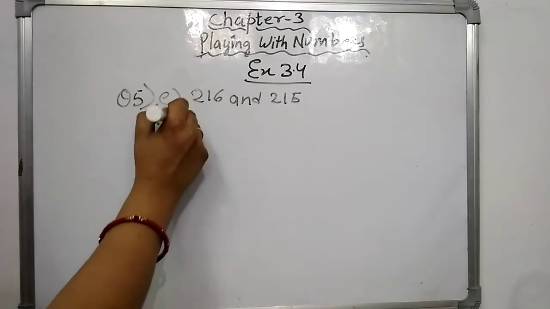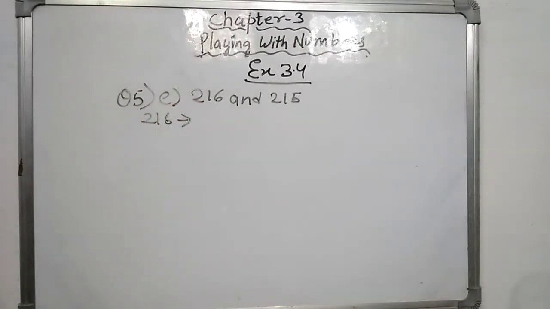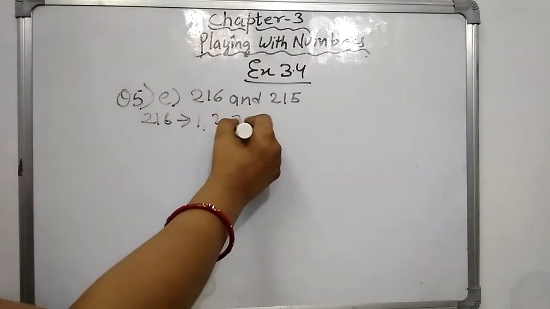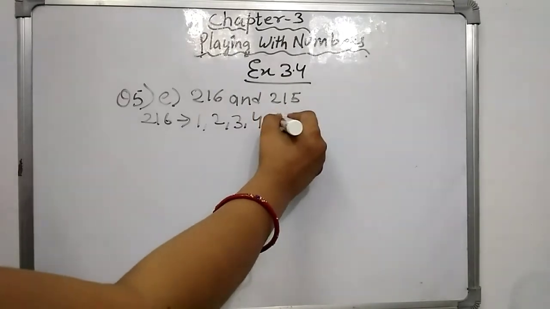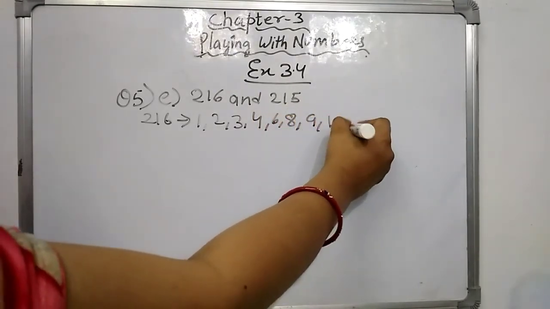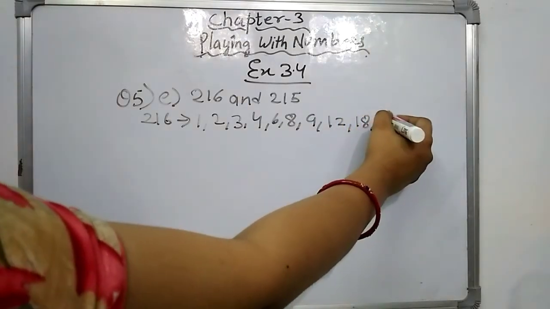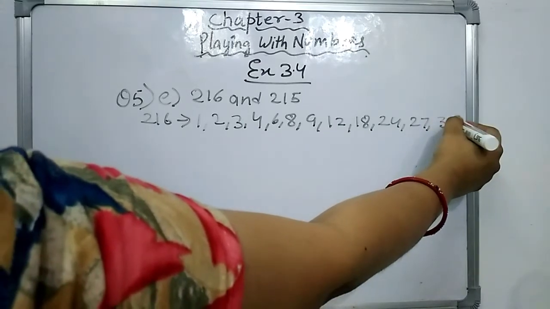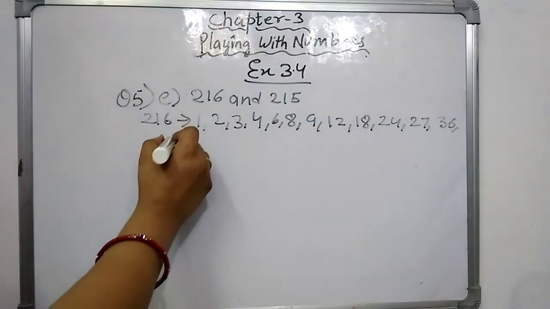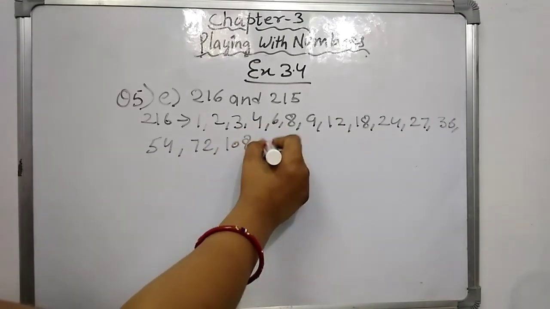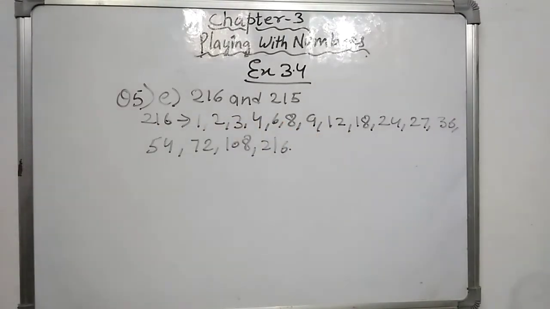So let's find out factors of 216. 216 is divisible by 1, 2, 3, 4, 6, 8, 9, 12, 18, 24, 27, 36, 54, 72, 108 and 216.